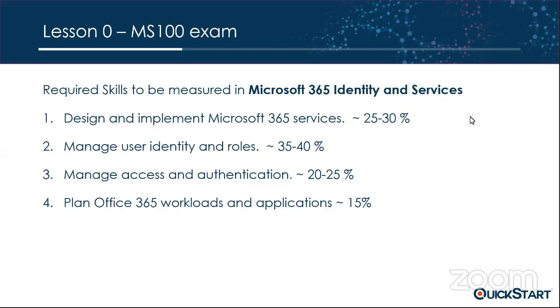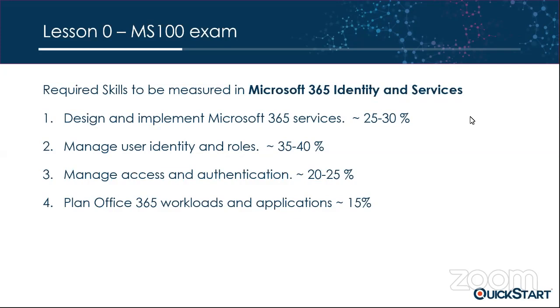Manage user identity and roles covers almost 35 to 40%, which covers design identity strategy, plan identity synchronization, and manage identity sync using Azure AD Connect, which can be installed in your Active Directory environment, and then you can sync the information from on-premises to the cloud.